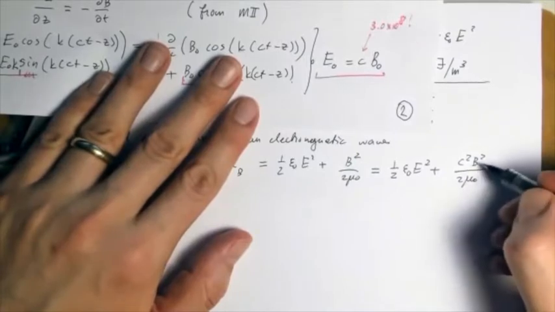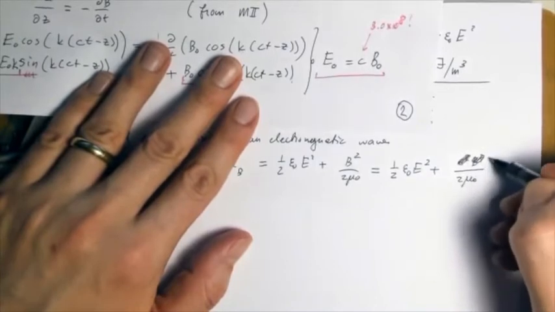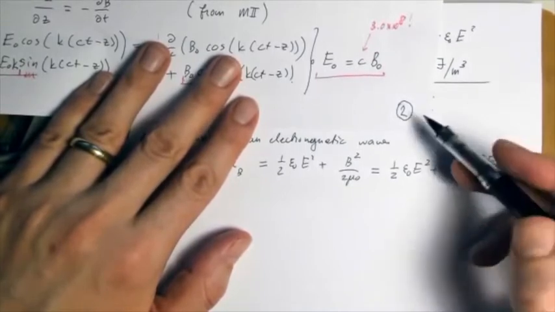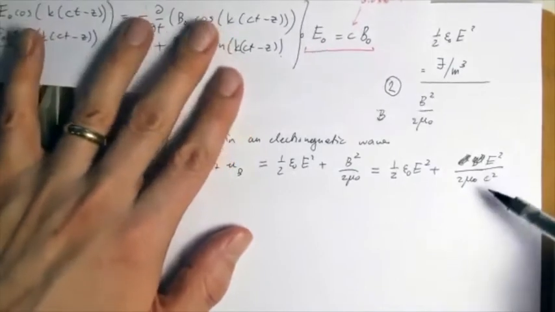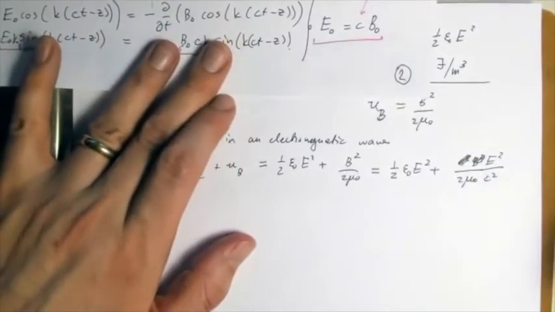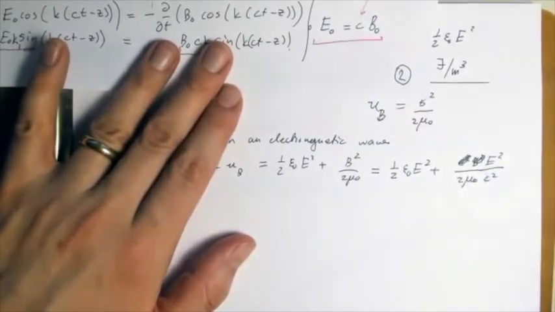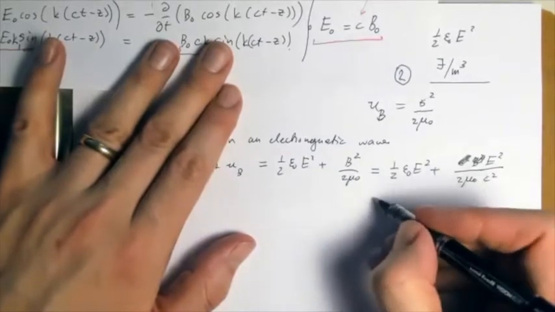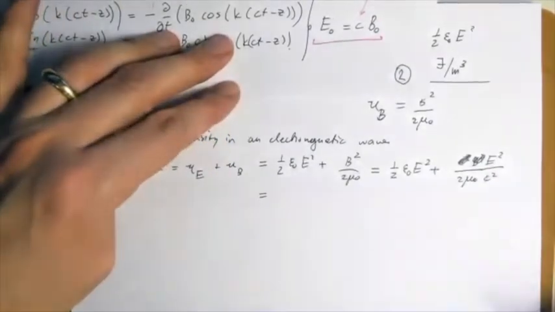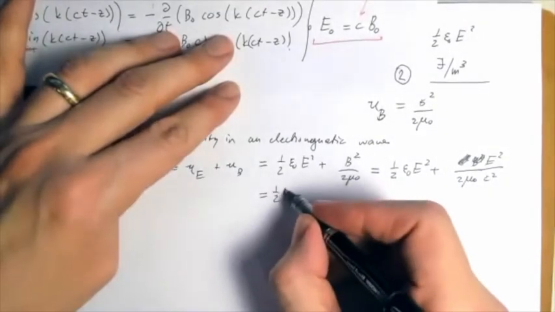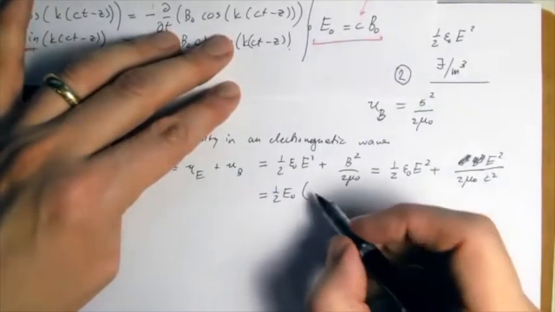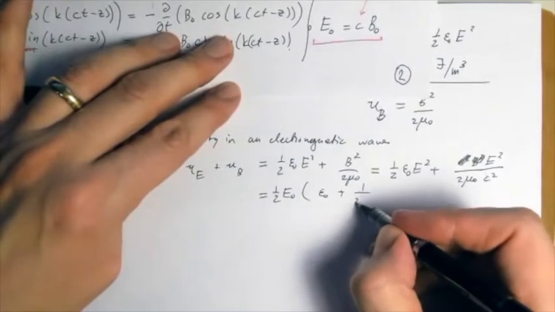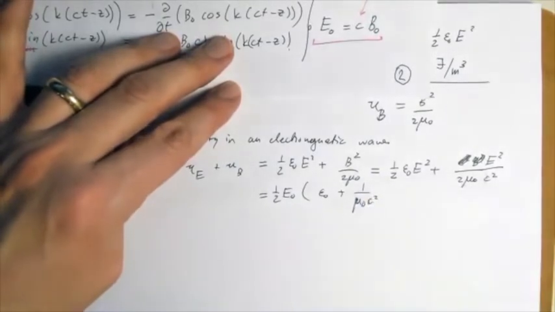Oops, I went the wrong way. E squared. See, check, double check. Yep. Okay. So that's the energy density. And now we can factor out our 1/2 E squared. Okay, that is epsilon naught plus 1/(mu naught c squared).